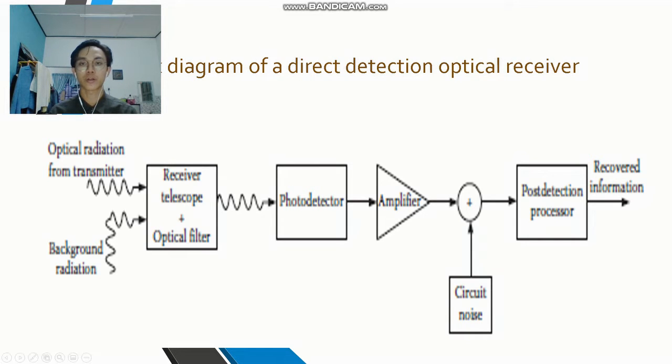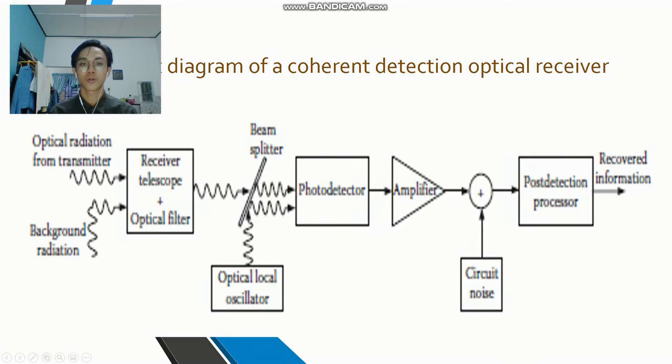While this is direct detection, in coherent detection the optical radiation passes through the receiver telescope and optical filter and meets a beam splitter. Also, as you can see from the block diagram, the coherent detection optical receiver has an optical local oscillator.